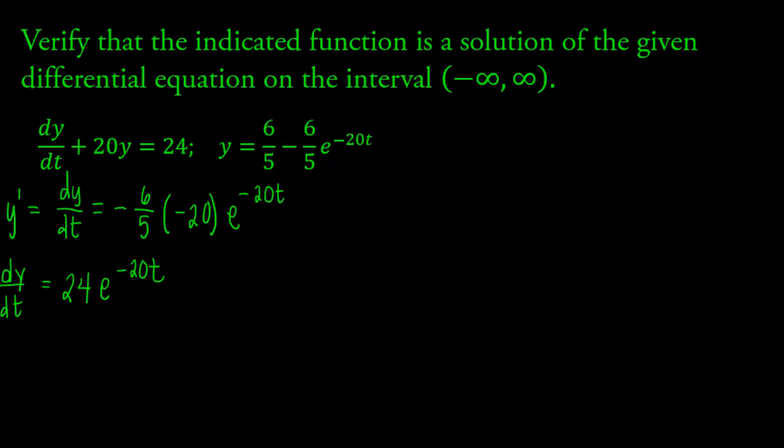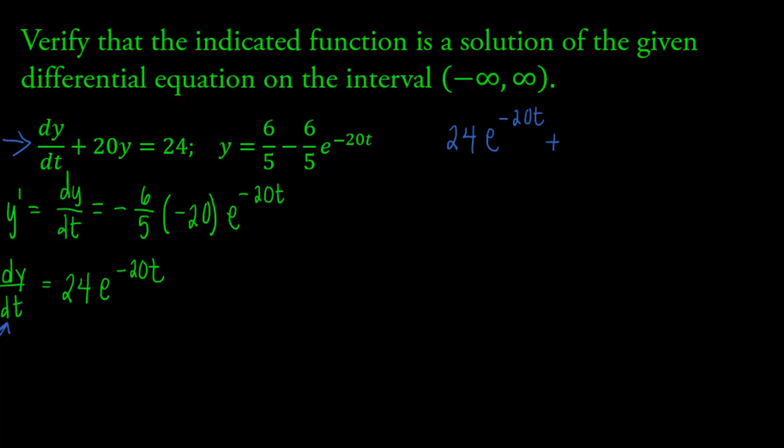Okay, our next step is now to substitute the values into the original differential equation. So we now have, instead of dy/dt, I'm going to substitute in the value that we just found, which is 24 e^(-20t). And then I'm going to add 20y, but instead of 20y, we can now substitute in the value of y.